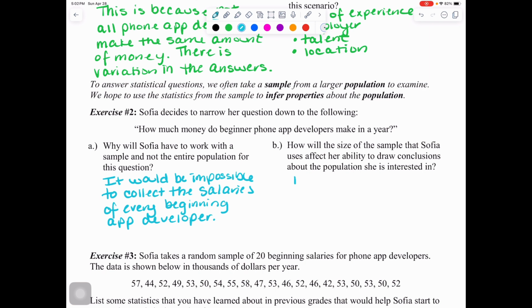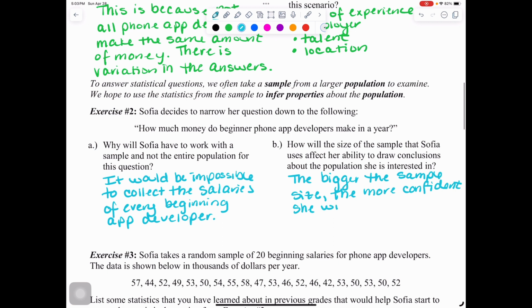So we will write the bigger the sample size, the more confident she will be in her conclusions.